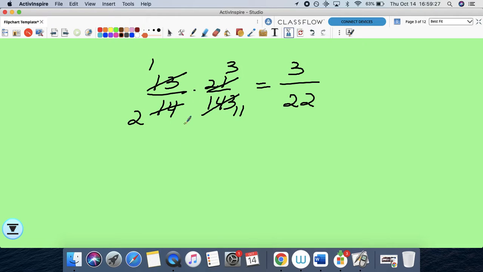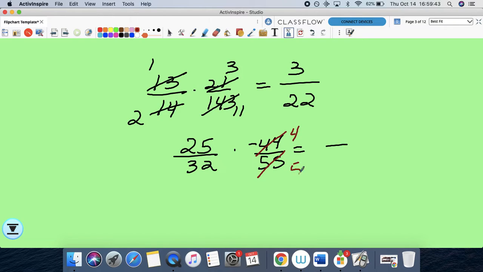Which number is this? 25 over 32, number 8, times negative 44 over 55. So this one's nice. So the answer is negative, first of all. 44 and 55, they're both divisible by 11. So this divided by 11 is 4. Divided by 11, this is 5. I can do 25 and 5. 5 divided by 5 is 1. 25 divided by 5 is 5.